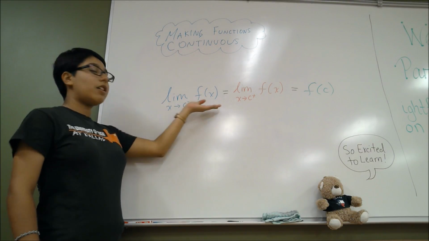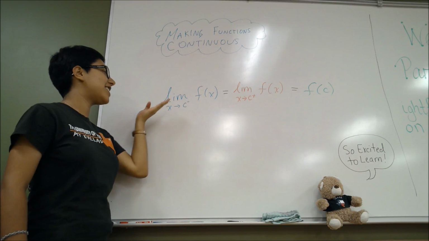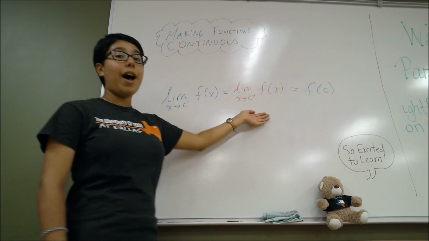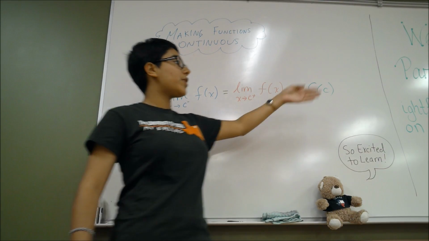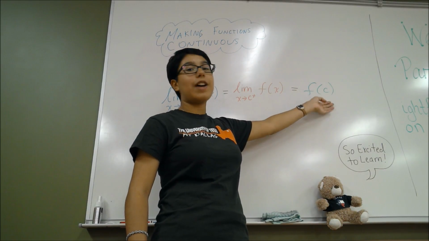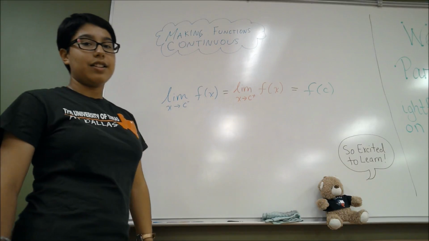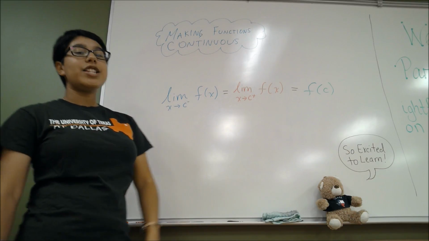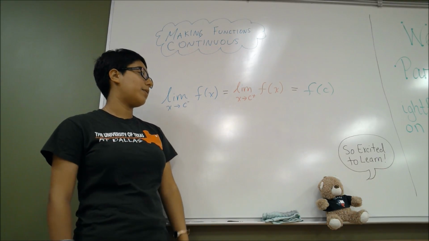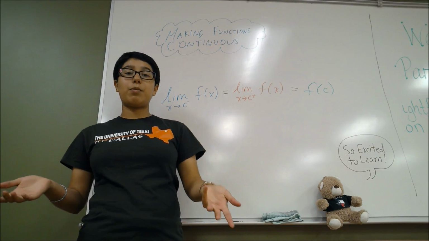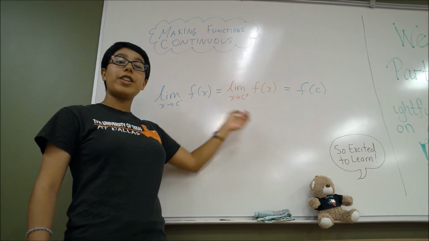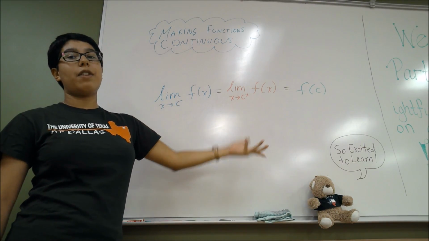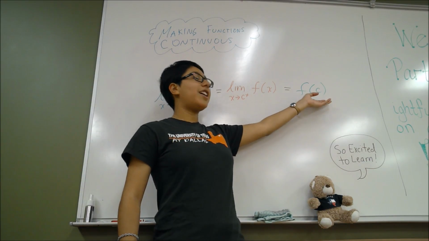To prove that the limit of f of x as x approaches c from the negative side is equal to that as x approaches c from the positive side, and that both those values are equal to the value of f at x equals c. This is a quick and easy way to prove it, because if both of these exist and equate each other, that proves that the limit as x approaches c of f of x is equal to f of c.